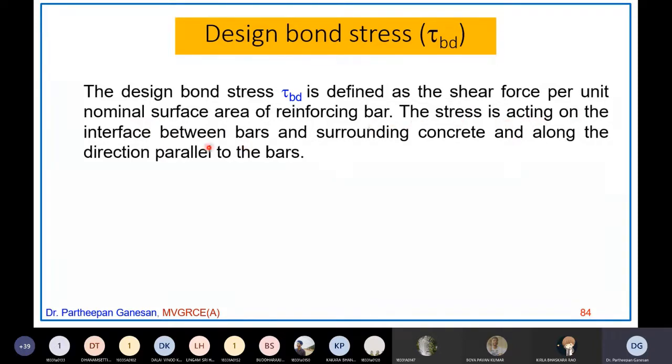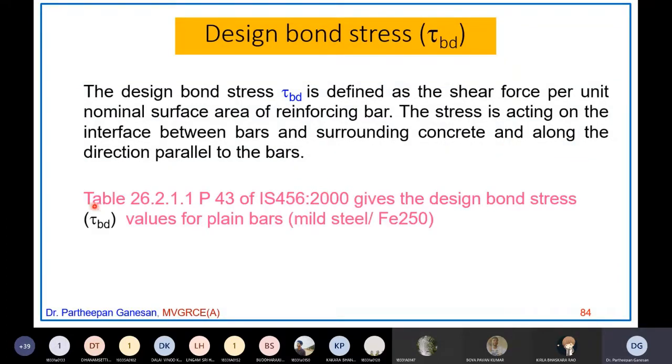The stress is acting on the interface between the bars and surrounding concrete and along the direction parallel to the force. Okay. So Table 2D, clause 26.2.1.1, page number 43 of IS 456 gives the design bond stress value, this tau BD value. Remember, they are given for plain bars. Plain bars means mild steel.